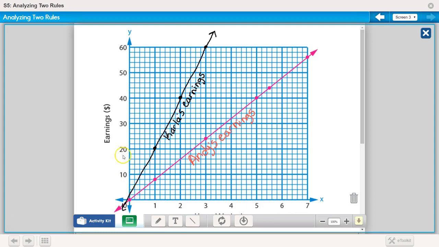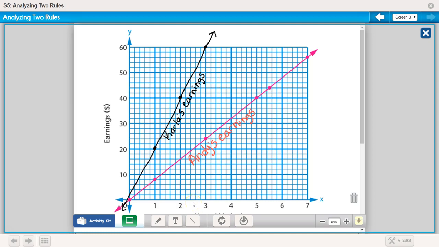If I go up to the $50 earnings on the y-axis and travel across to the right until Carla's line intersects with 50, I can see that it is about halfway between the second and the third hour where she would earn her $50.